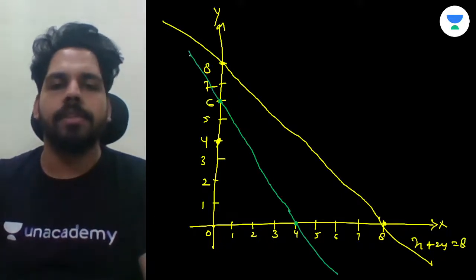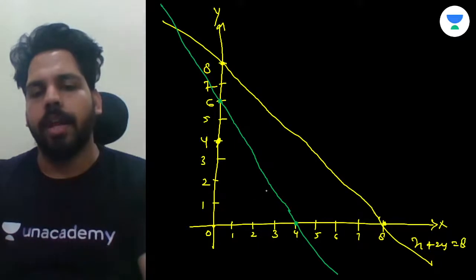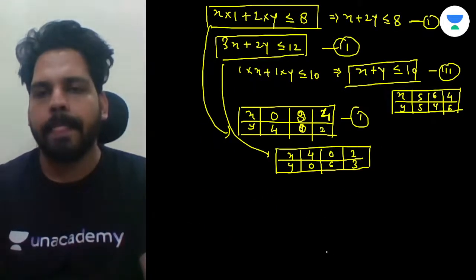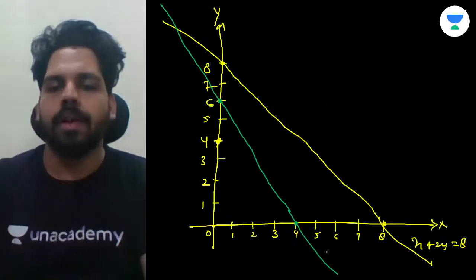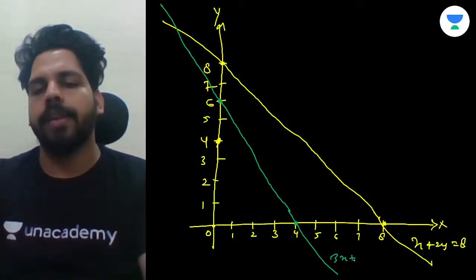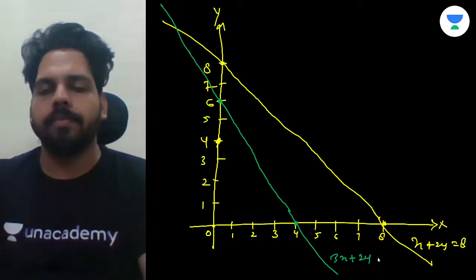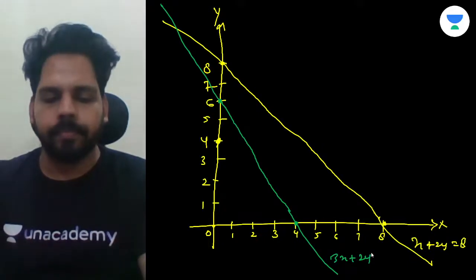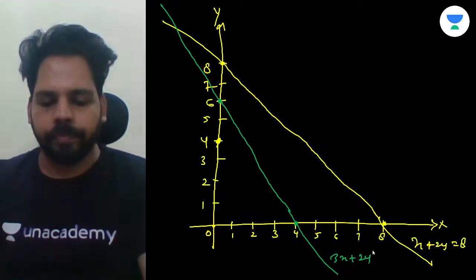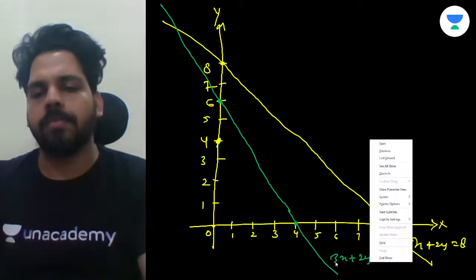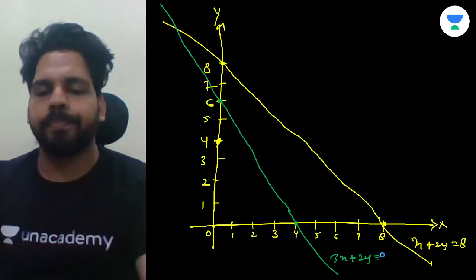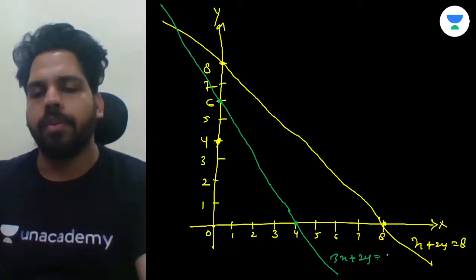They will meet afterwards, like this. So this is the equation 3x plus 2y equals 12. Okay. Now let's talk about the next question.